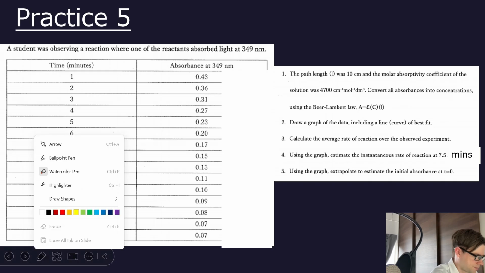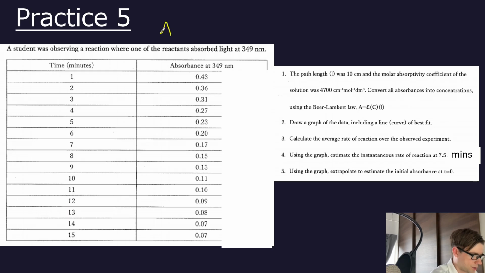This says absorbance is equal to a constant, the molar absorptivity coefficient epsilon multiplied by the concentration multiplied by the path length, which is the container width basically that you're shining this light through.